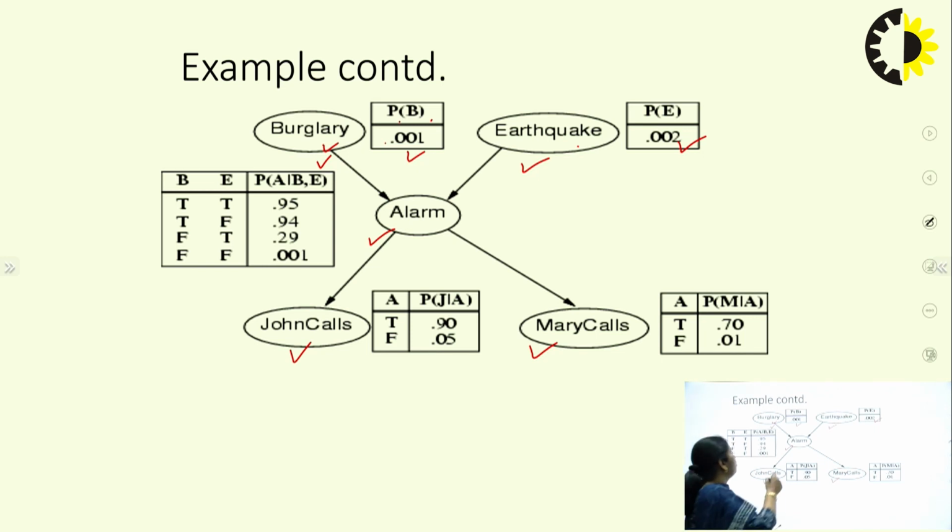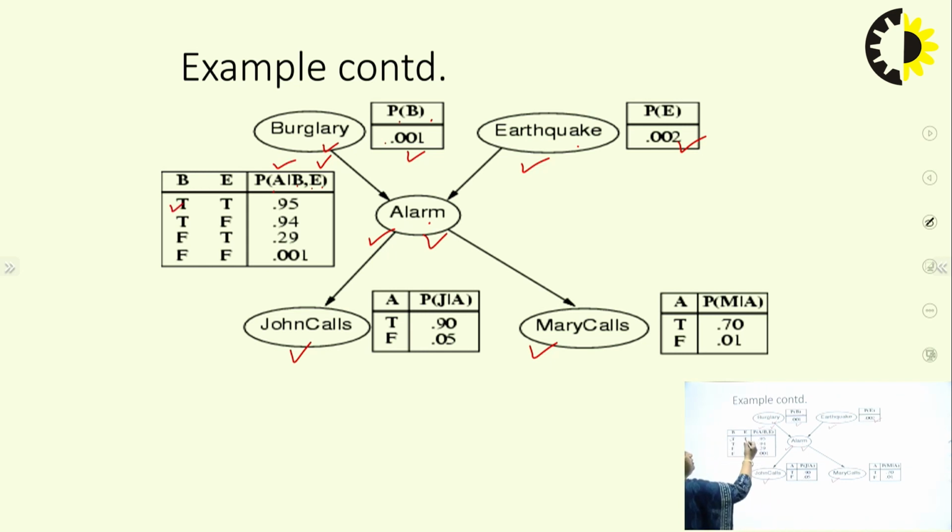Now we see what burglary and earthquake are causing. These are causing alarm. So what will be the conditional probability table for alarm? That is probability of A when parents are given. What are the parent nodes? B and E. What will be there for each combination of parent nodes?